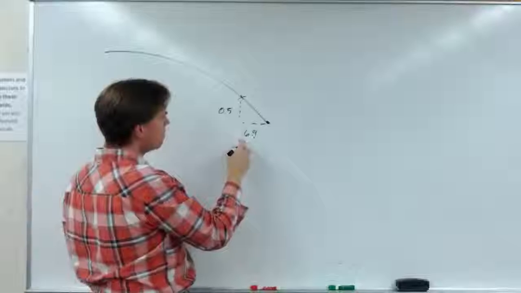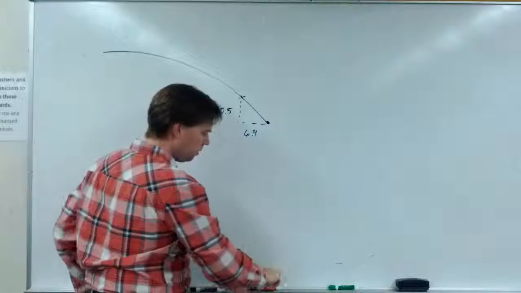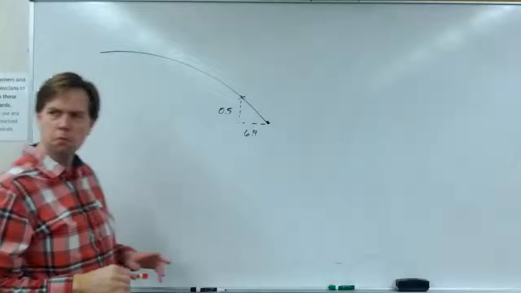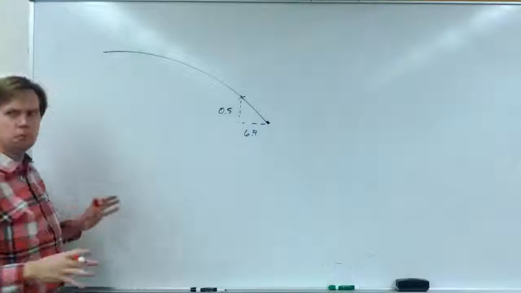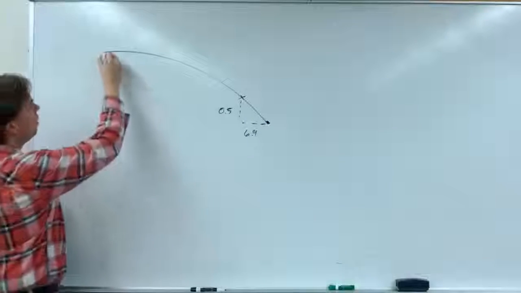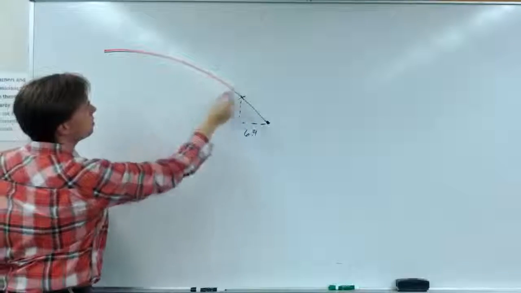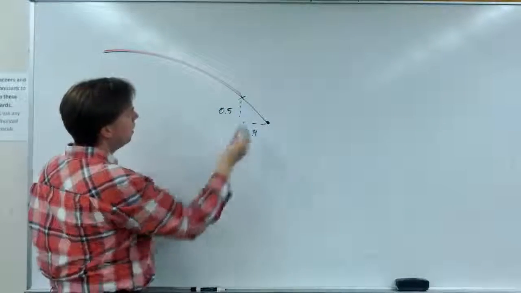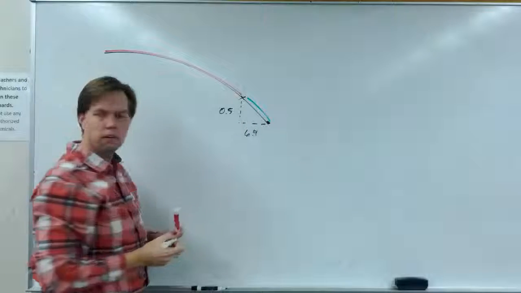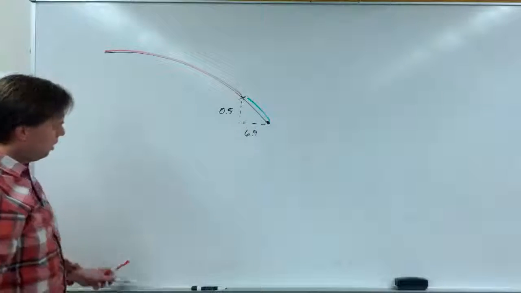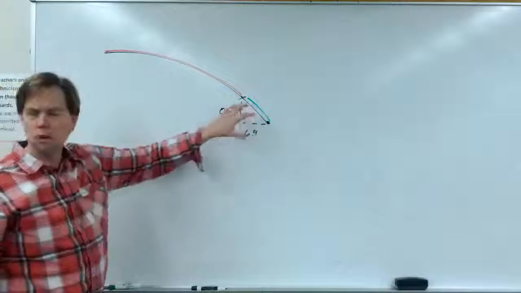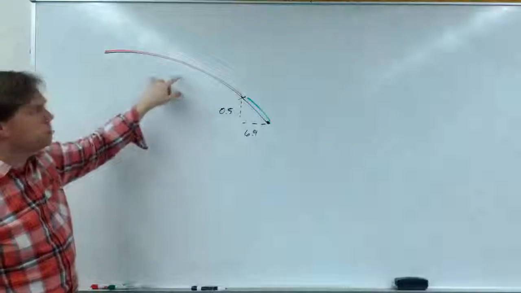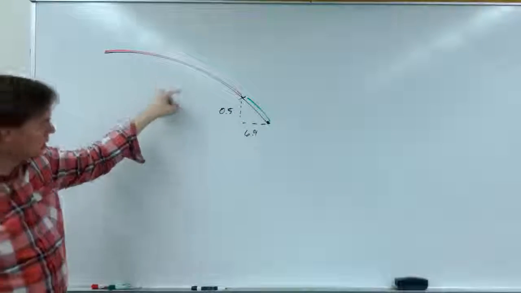But basically the first thing to think about is I've really got two pieces to this trajectory. That red piece and the green piece here. So I know a lot about the green piece, actually. The red piece is the part I don't know much about.